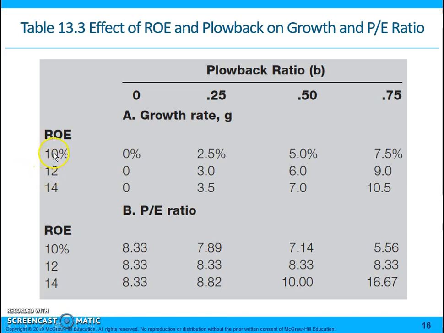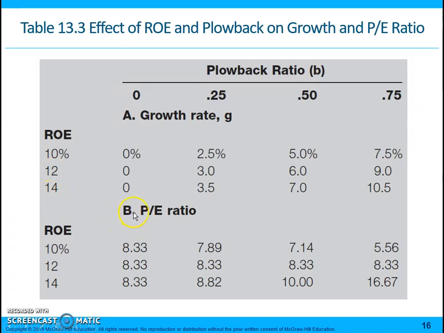So we're looking at ROEs below, equal to, and above it. If we look across, for example, at 10%, if we're reinvesting nothing, then our growth rate is going to be nothing. 25% of 10% is 2.5%, and half of that is 5%, and so on. Same for the 12 and 14%.